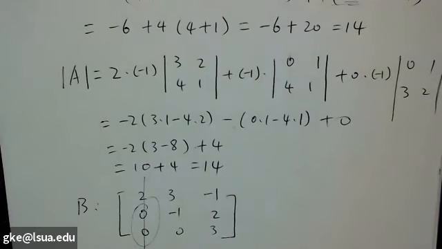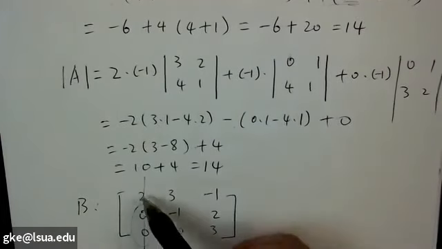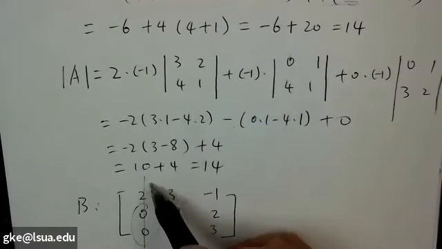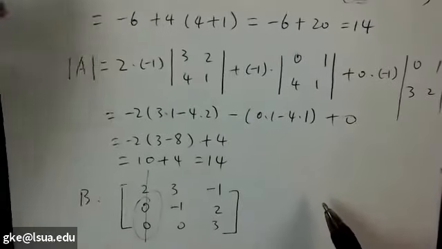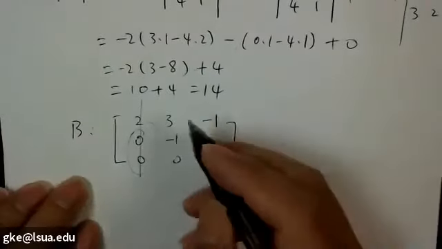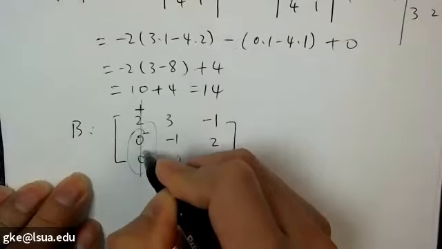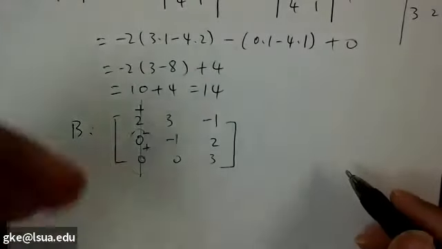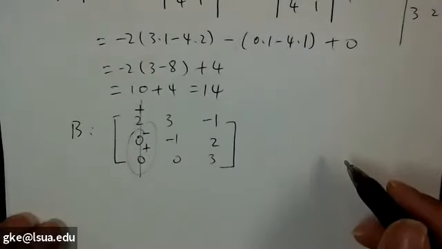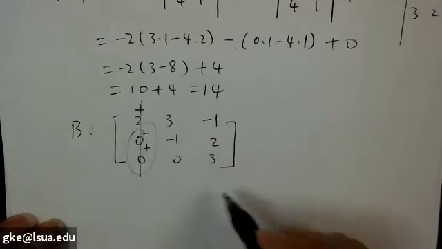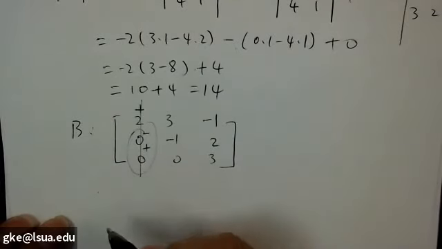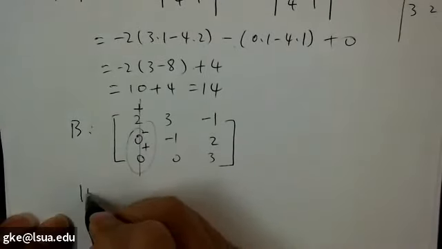Let's take a look. So if I wanted to expand B based on the first column, we're still going to do the positive, negative, positive. Now we're going to do the expansion following the first column. You will see what?